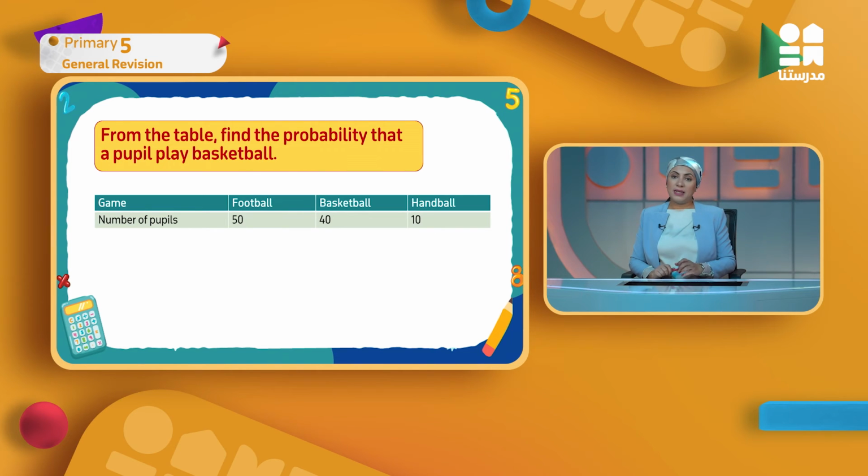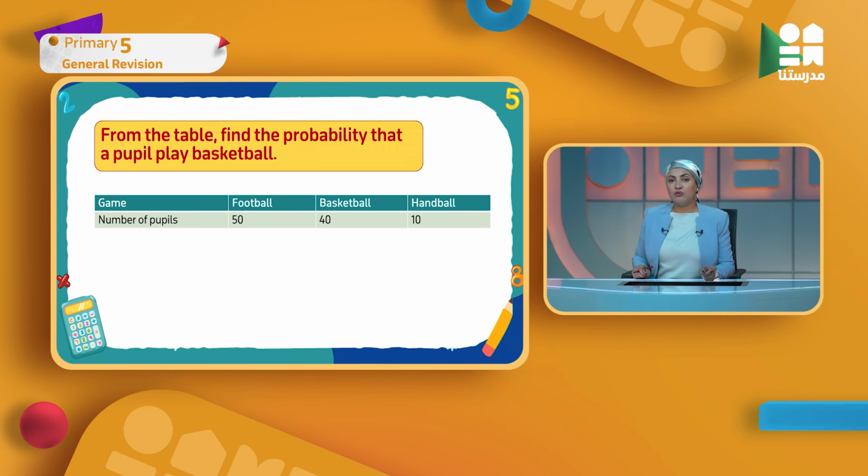Okay, so here 50 play football, 40 students play basketball, and 10 students play handball. I will add the three numbers together. It will give me 100. So the sample space here is 100, or my sample is 100. Now I want to know the probability, or the percentage, of how many people are playing basketball.